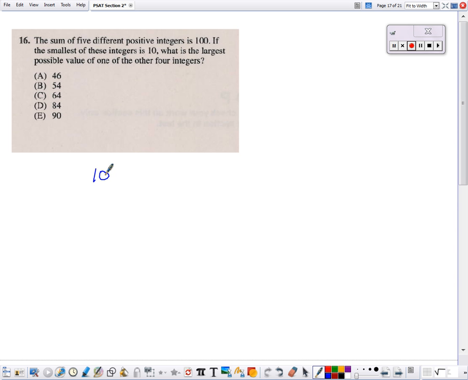So 10 is the smallest. And then an integer is a positive or negative whole number. So 10 plus 4 others has to equal 100. And they're all different. Well, so if they are all greater than 10, and I want the largest possible value of one of the others, let's make these closest in value to the 10.